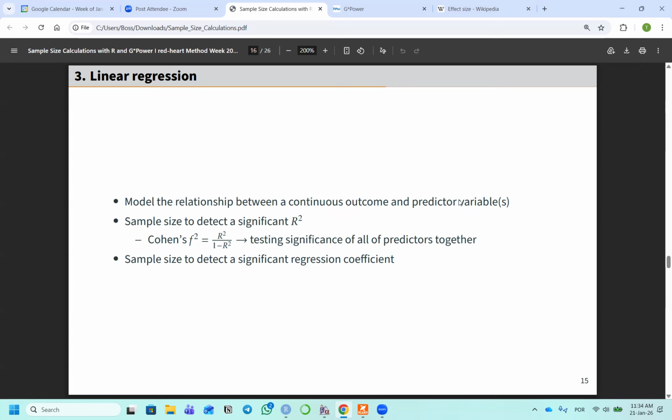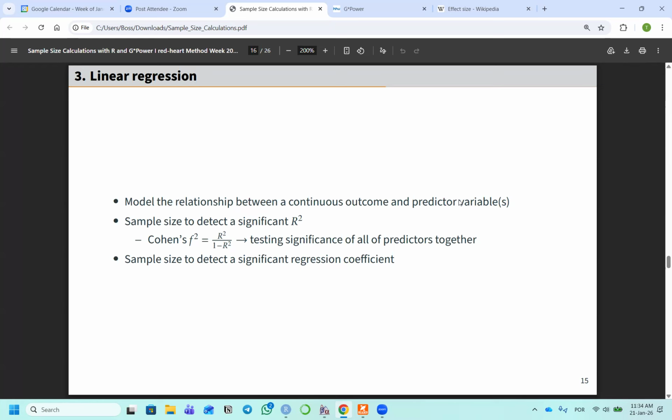At the same time, you may be interested in the effect of a certain covariate on our outcome while controlling for the other covariates or predictors. So we can think of calculating a sample size for detecting a significant coefficient of determination. What if I include all covariates? Do I get a large R square?